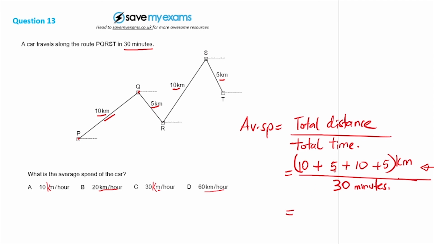So it's going to be 10 plus 10. This is 30 kilometers. Divide that by, now 30 minutes is half an hour. Half an hour. So that's going to become 30 kilometers multiplied by 2/1.